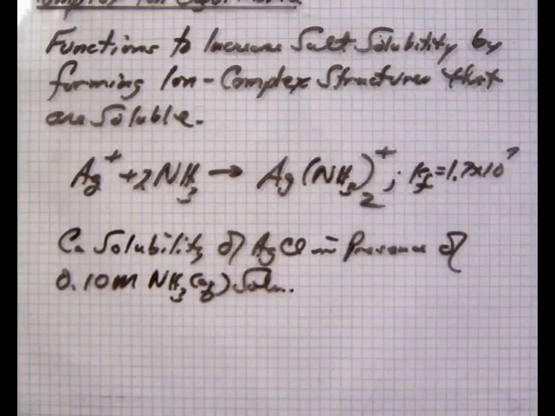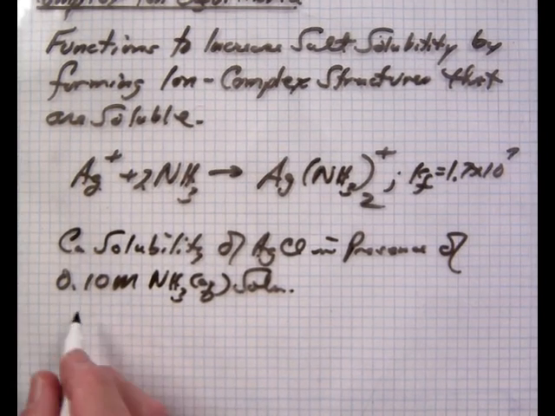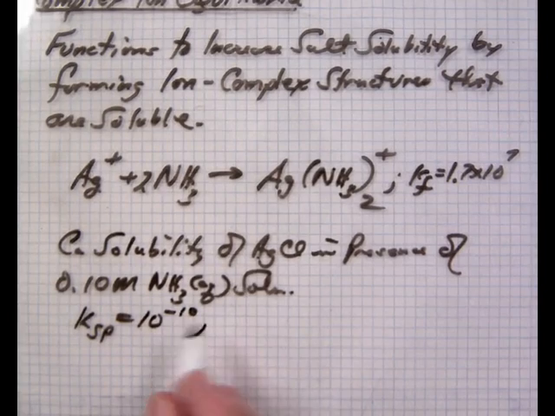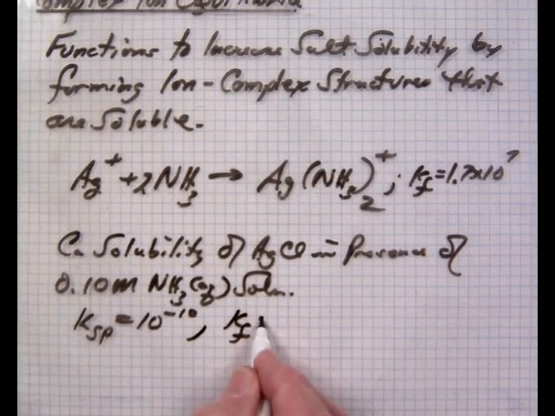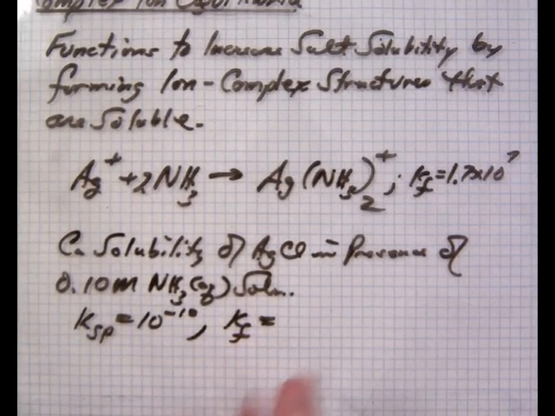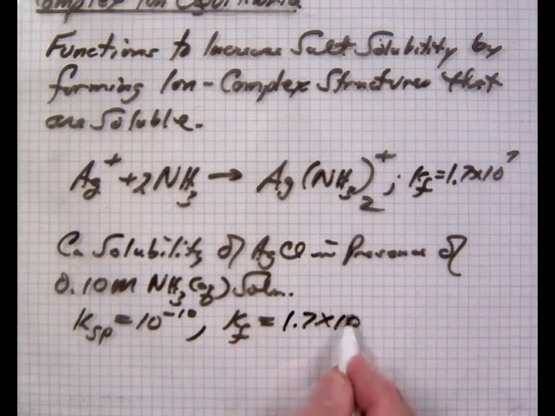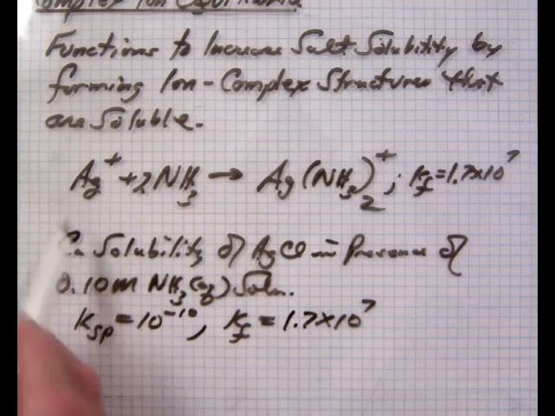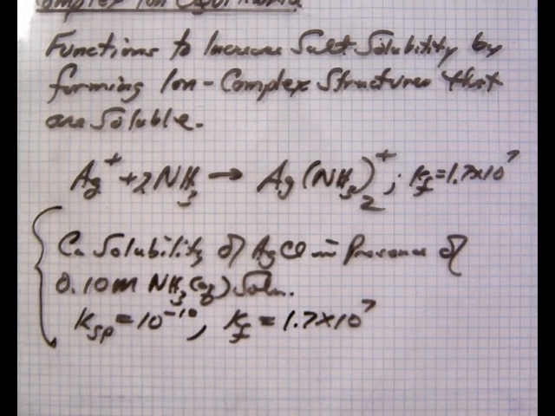I'll have to give you the KSP numbers and the KF numbers, which is 1.7 times 10 to the 7th, like that. So that's your problem right here. And so you've got to calculate a new solubility with it.